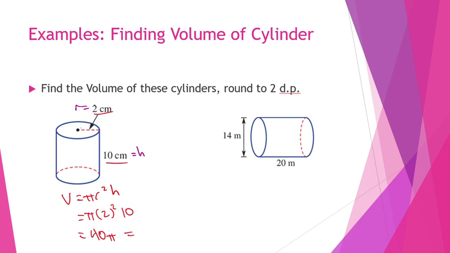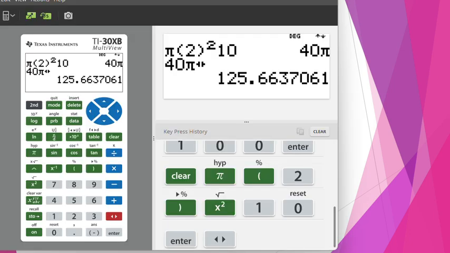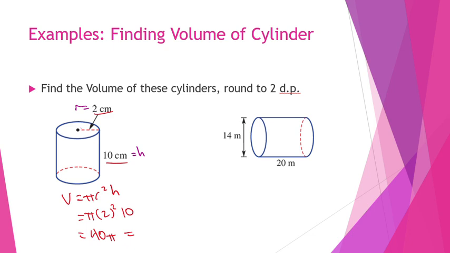To convert this to decimal form, you press the double arrowed button right here, and it converts it to decimal for you, okay? So your answer would be 125.66 centimeters cubed.